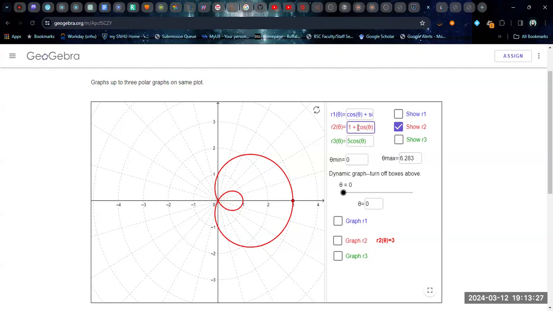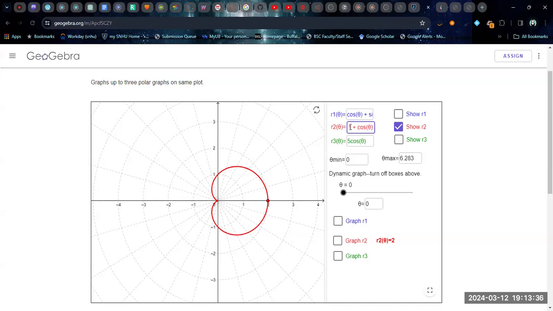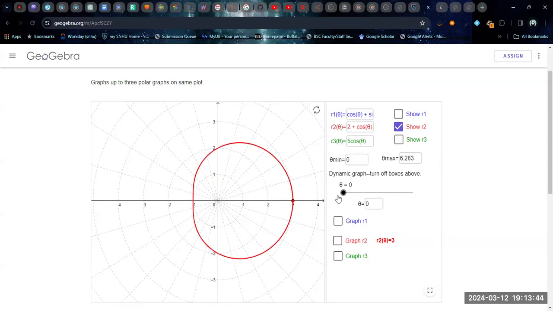So if I make this a 1 cosine and a constant of 1, then I get a cardioid. If, on the other hand, I make either the coefficient of cosine larger or the coefficient of the constant value larger, then I get a limacon.